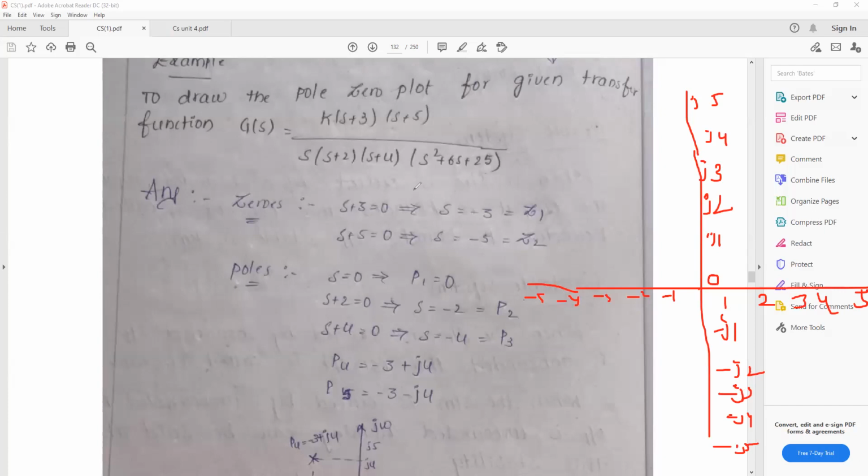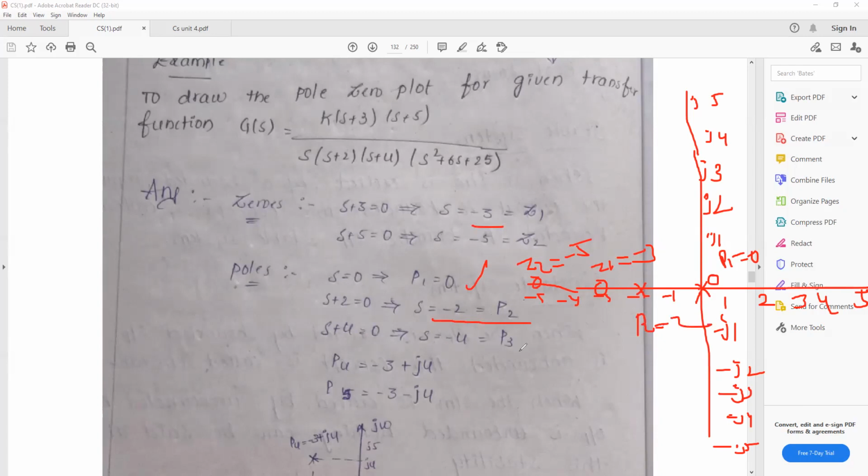So the location of the zeros: first -3. Zeros are indicated by dots, so the first zero is at -3. Next -5, the second zero, z2 is -5. Next the poles. Poles are indicated by crosses. P1 is equal to 0. The second pole is -2, a cross symbol at -2, pole 2 is equal to -2.